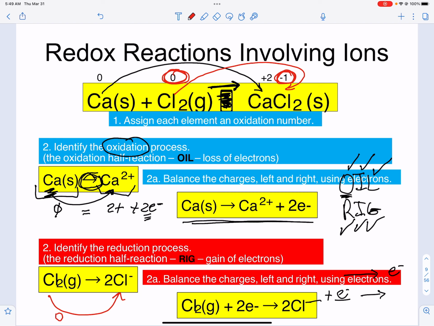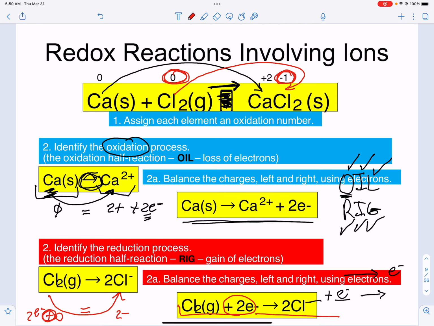On the right side, the total charge is negative, but there's 2 of them. So the only way we can make the left side equal to the right side is by adding 2 electrons over here. So it's gaining electrons. So the chlorine is gaining 2 electrons, so that's my reduction.